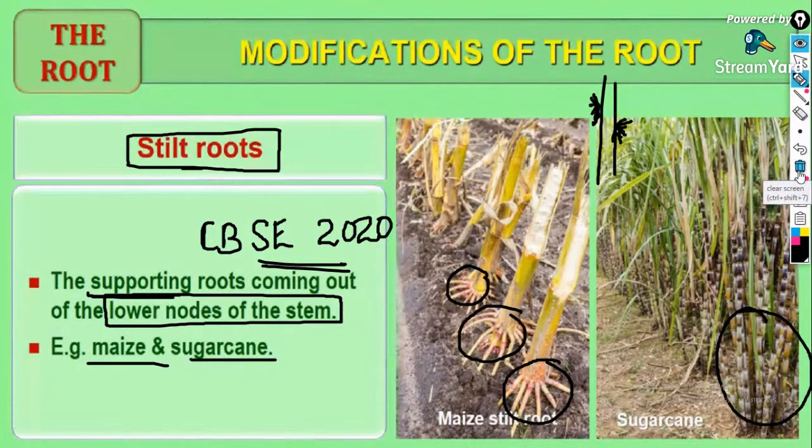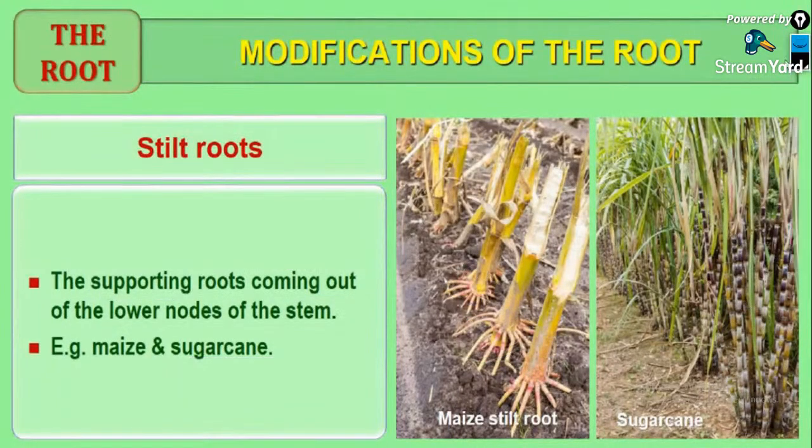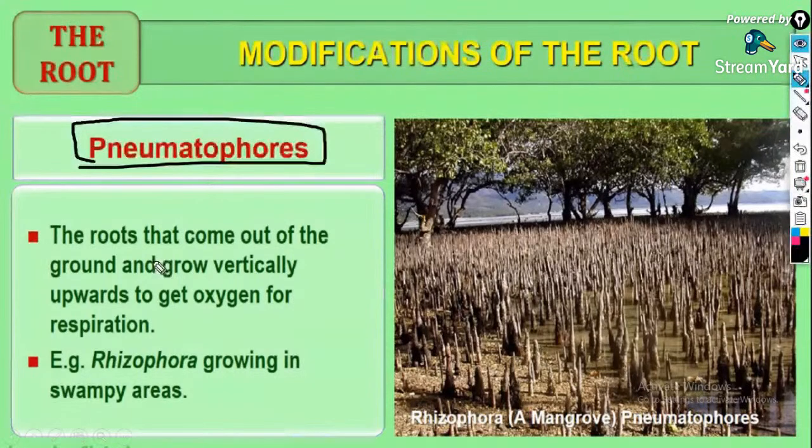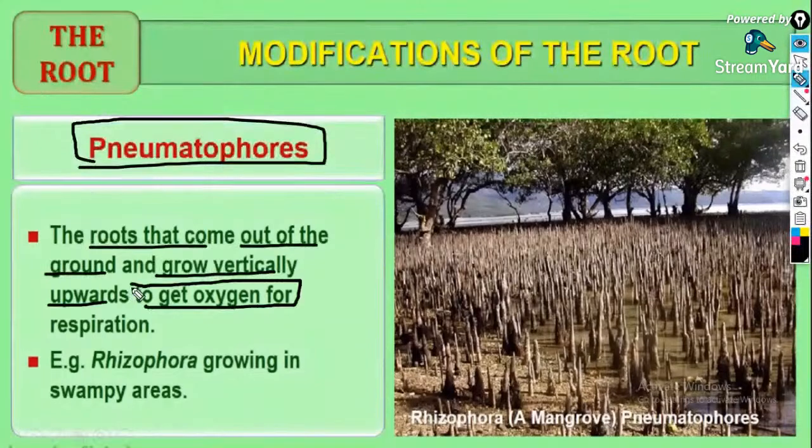From the node of the stem itself, the stilt roots are also appearing. Perfect. Last one is the pneumatophores. The roots that come out of the ground to grow vertically upwards to get oxygen for respiration. What is the function of pneumatophores? They are required for collecting oxygen for respiration.